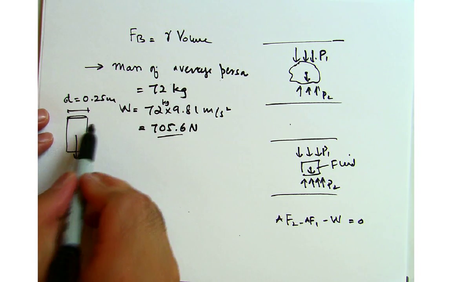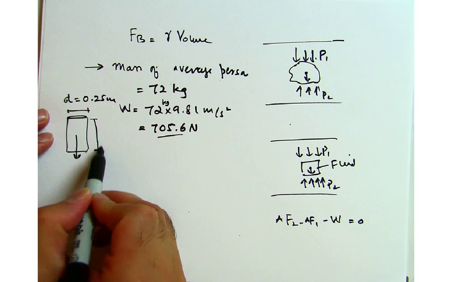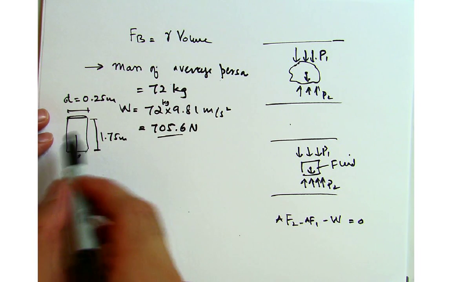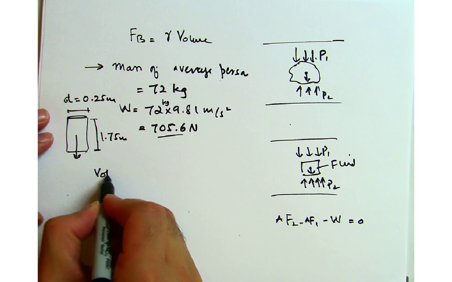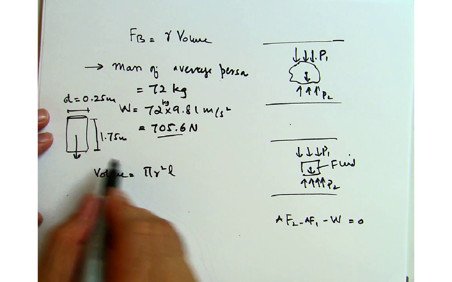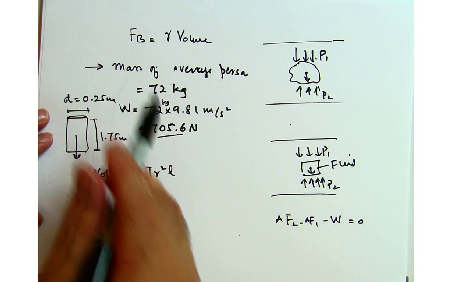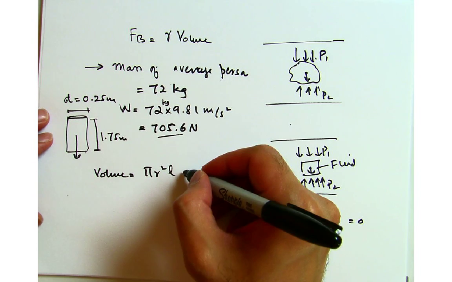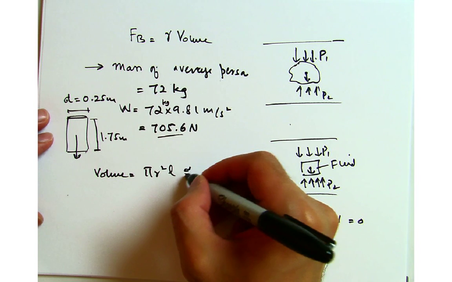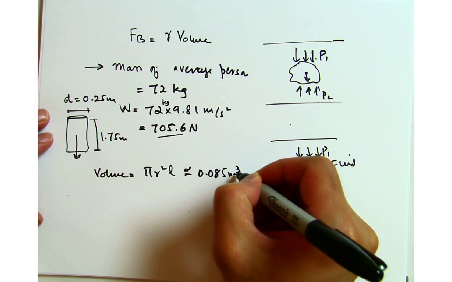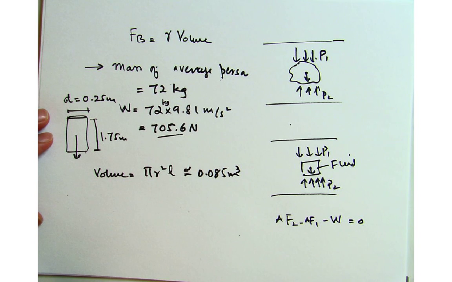The height of that person I can take to be 1.75 meters. So I can compute the volume, which is pi r square times the length, and if I do the math, it gives approximately 0.085 cubic meter. So that will be the volume of that person.